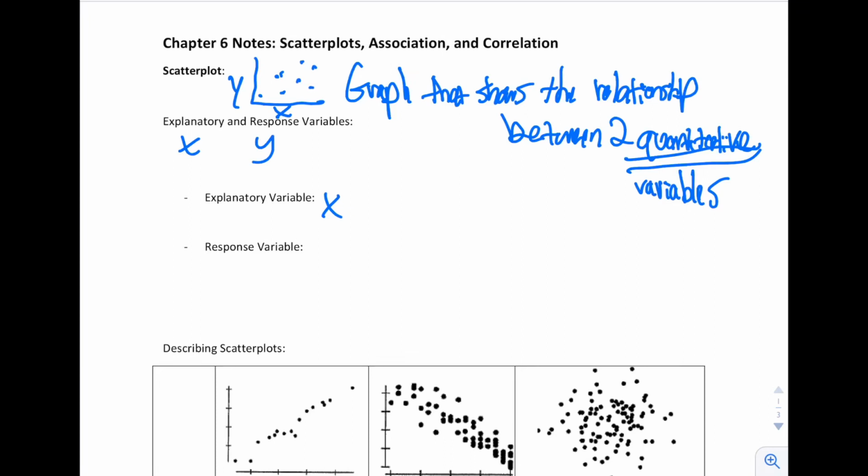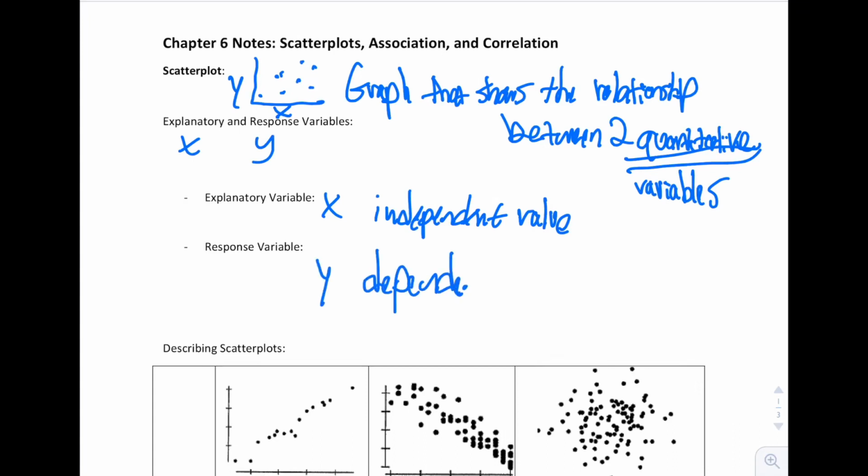So explanatory variable is x, and let's think of it as our independent value. And our response variable would be our dependent value.